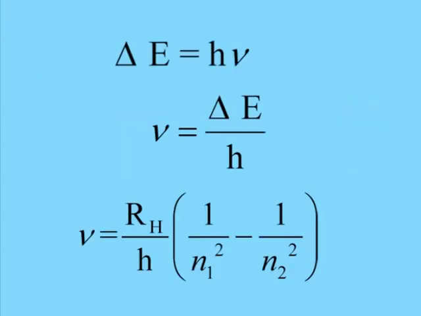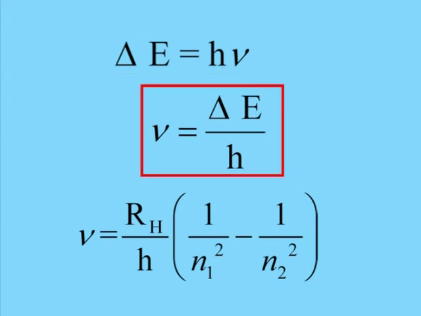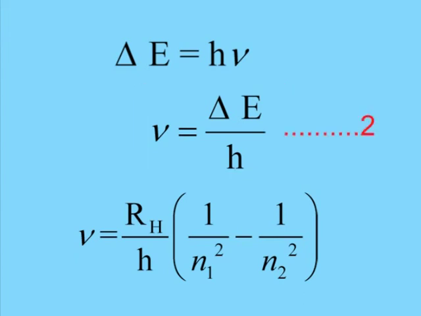Now, the frequency nu associated with the absorption or emission of a photon will be delta E is equal to h nu, or we can write it as nu is equal to delta E upon h. Let us number this equation as 2.